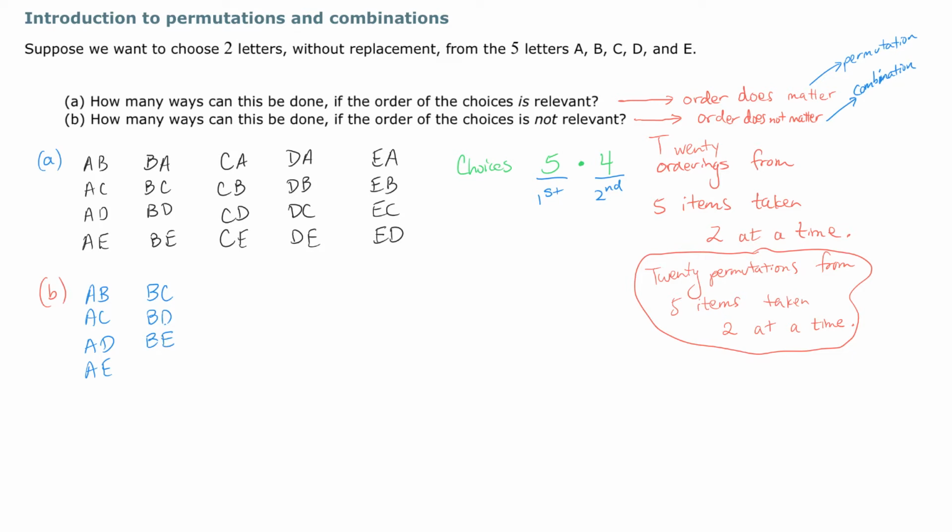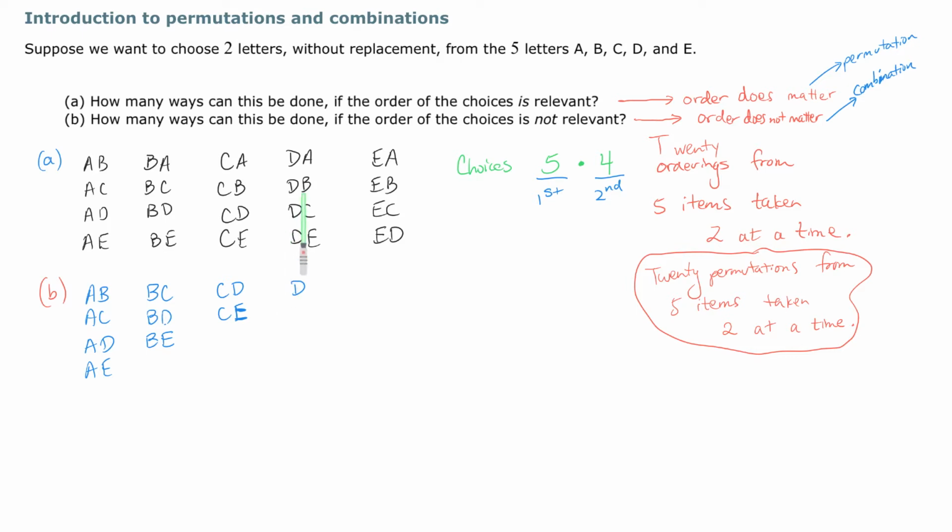And for the next grouping, we don't count CA. We already counted that. We don't count CB. We already counted that. So we're left with CD and then CE. And then what happens with D? We already counted DA.